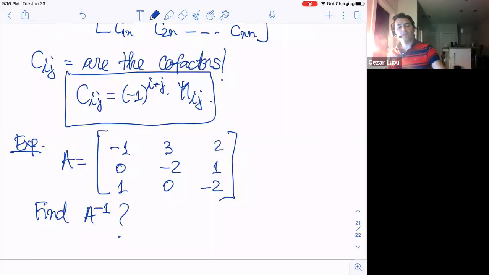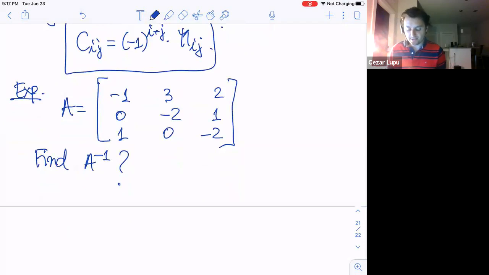But before I even answer this question, I need to make sure of something first. And that something would be that the inverse actually exists. So the first question, does the inverse exist? Because this can be formulated in a tricky way.